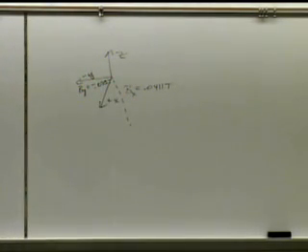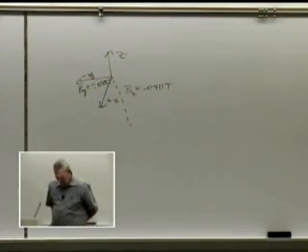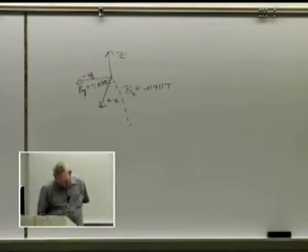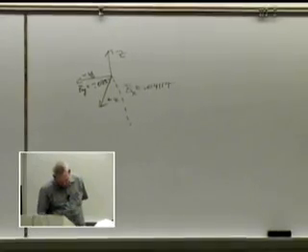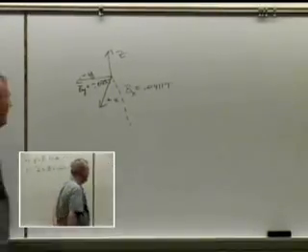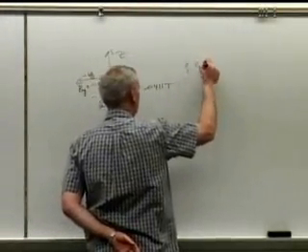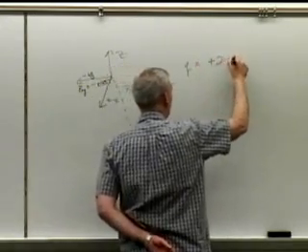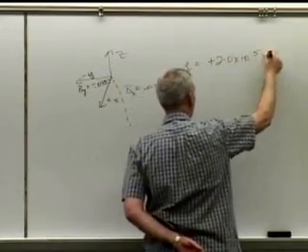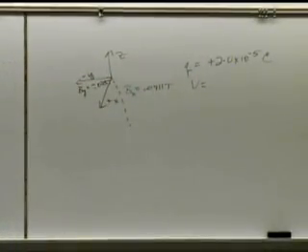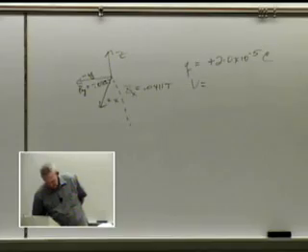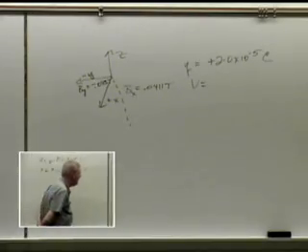Yours will vary. And then it says I've got a particle carrying a charge of 2 times 10 to the negative 5th coulombs. So Q equals positive 2.0 times 10 to the negative 5th coulombs. And it's traveling at, let's just say, 420 meters per second.